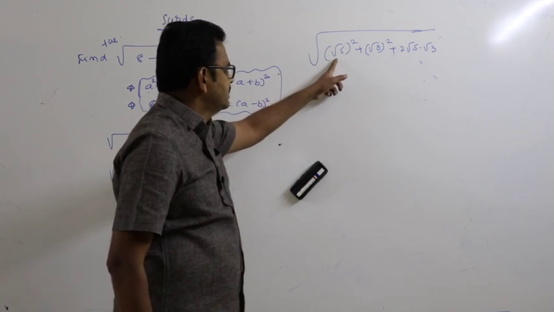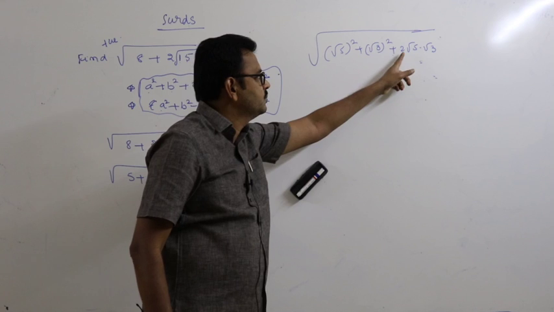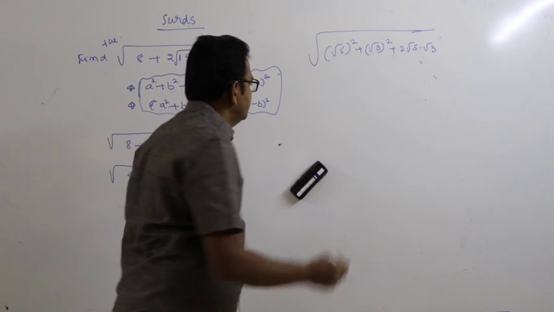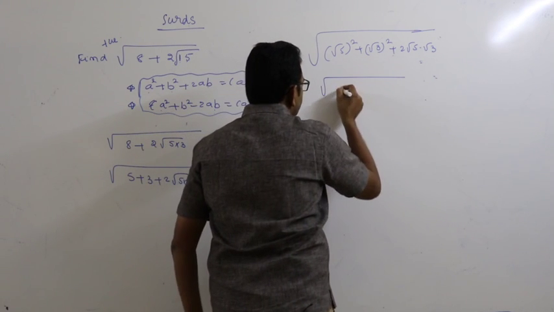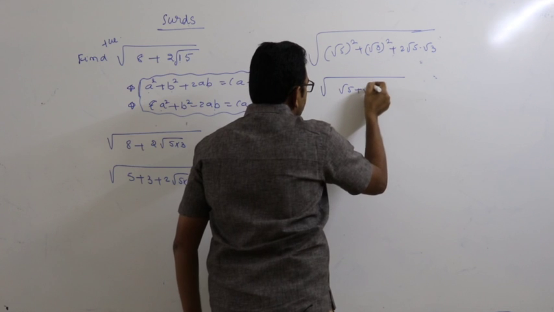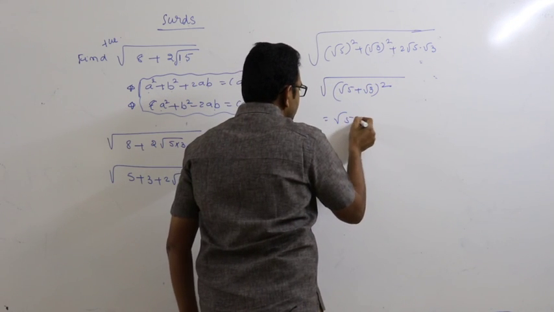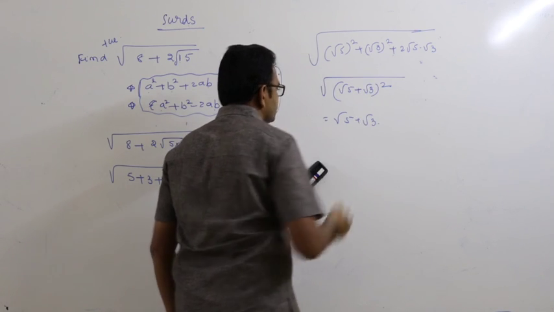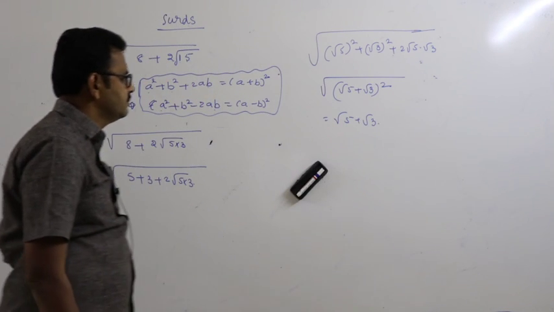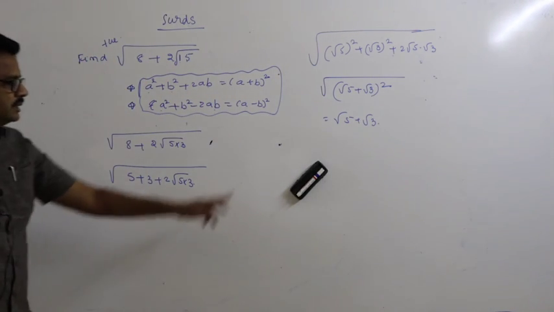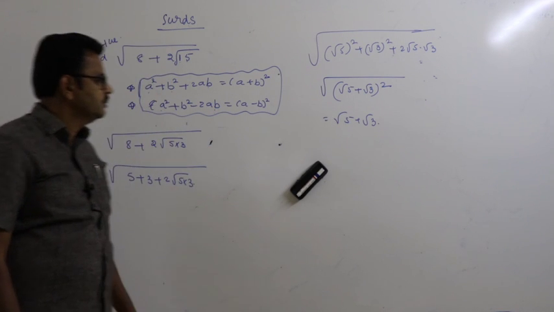So this is a square plus b square plus 2ab, which is the square root of root 5 plus root 3 whole square. That is root 5 plus root 3.